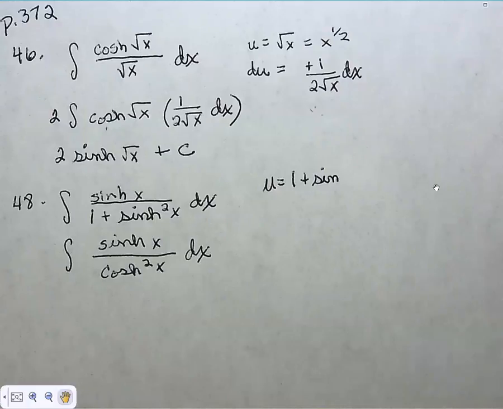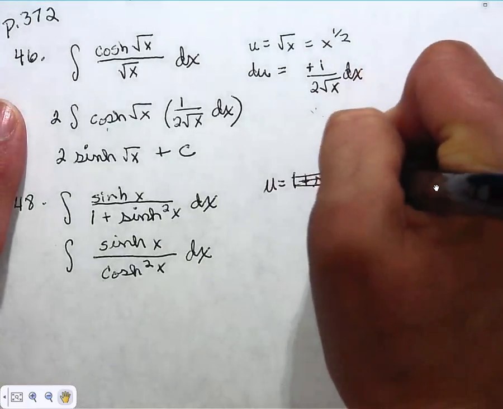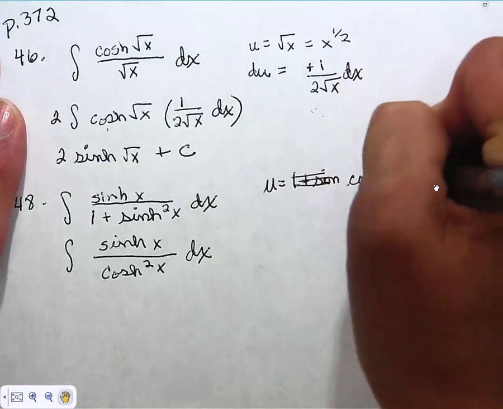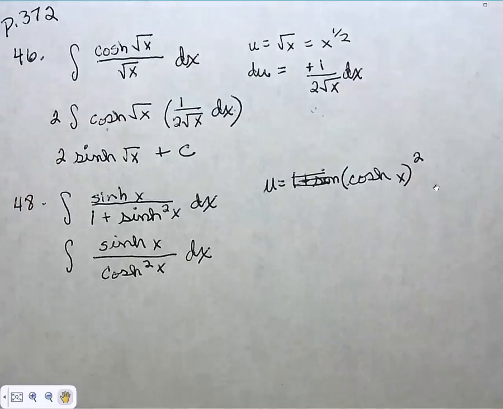The whole cosh squared is u? I'm going to write it like that because that's how I wrote my trigonometric functions to understand where the exponent really was. If I let that be u, then what's du?